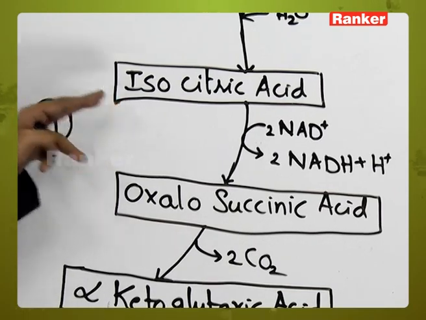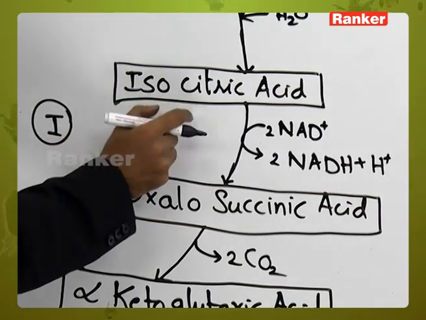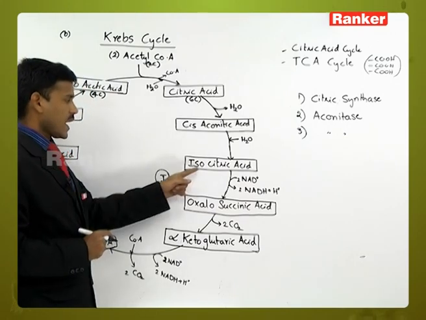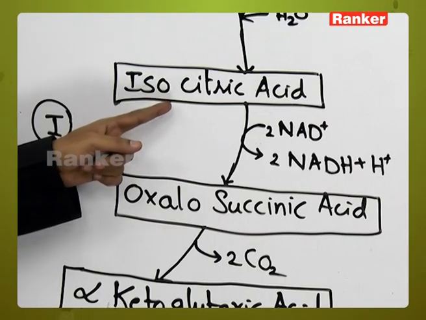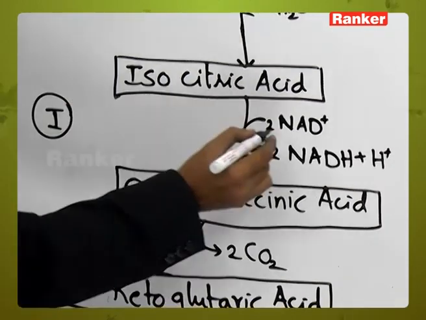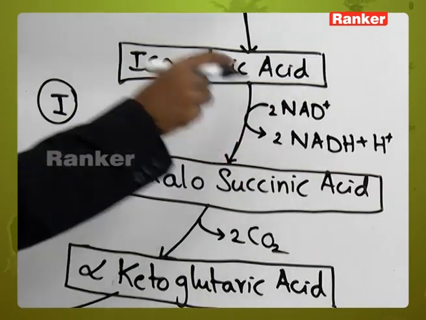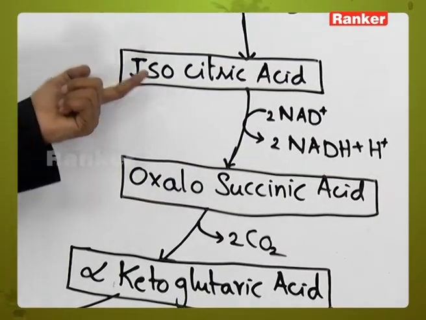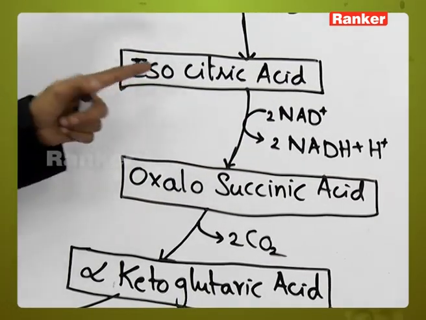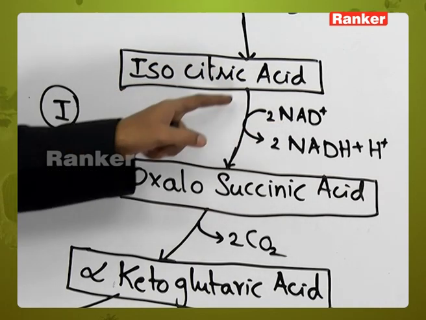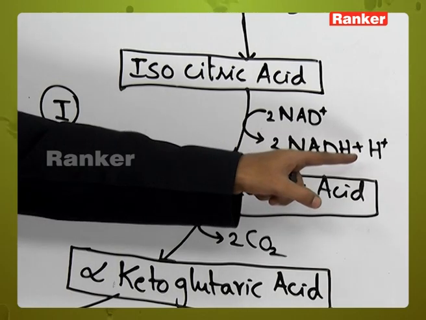Oxidation means removal of hydrogens. Hydrogens are removed from isocitric acid and these hydrogens are received by NAD plus. So NAD takes hydrogens from isocitric acid and is reduced into NADH2.